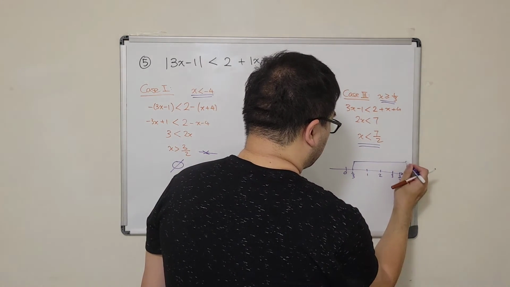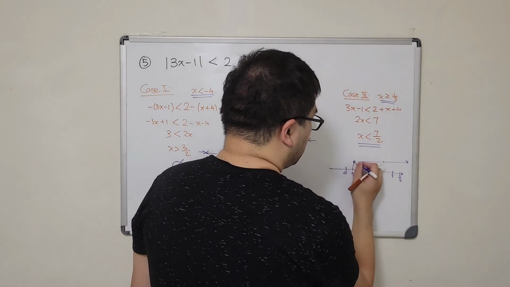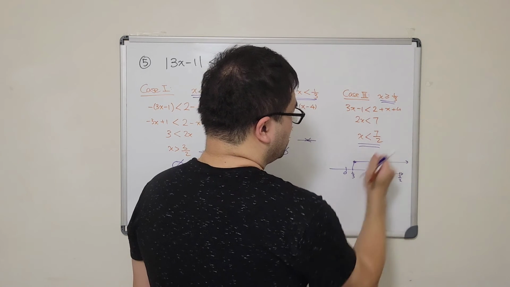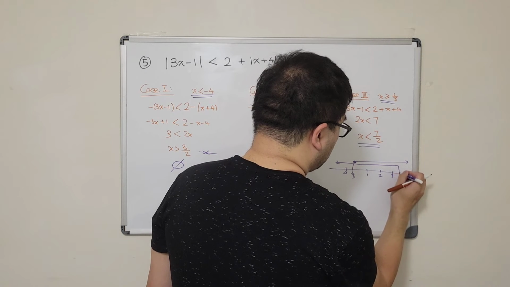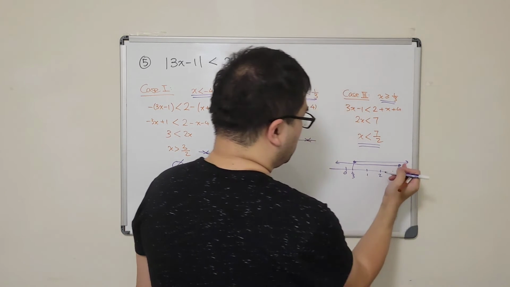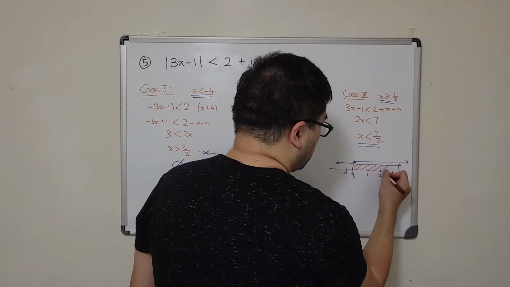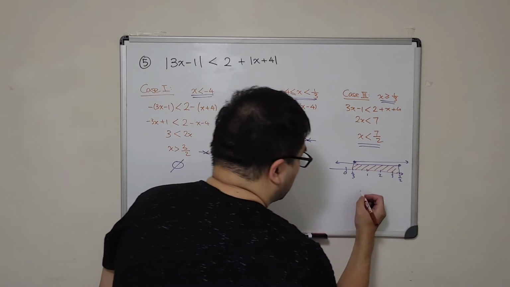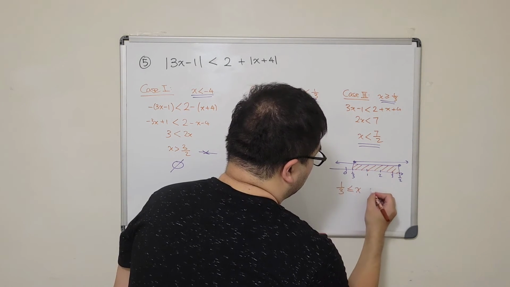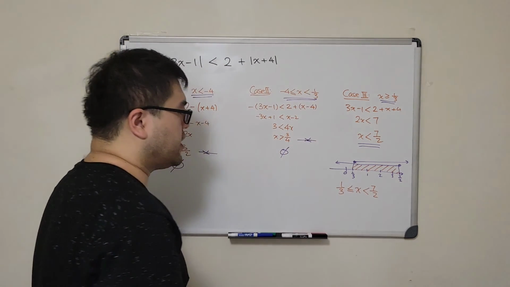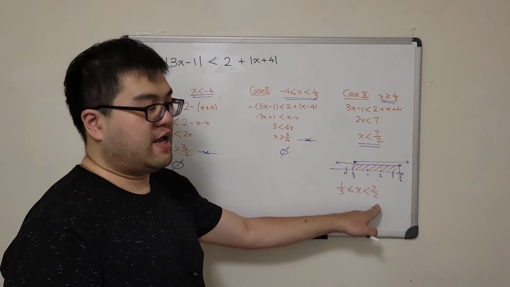With the combination of these two conditions, we're going to take the intersection, meaning that from the condition, we take this part to the right, and then from our calculation, we take everything from here to the left. So the intersection will be this shaded part, meaning our solution will be between positive 1/3 and 7/2. And again, in this case, we're going to include 1/3 but exclude the 7/2.